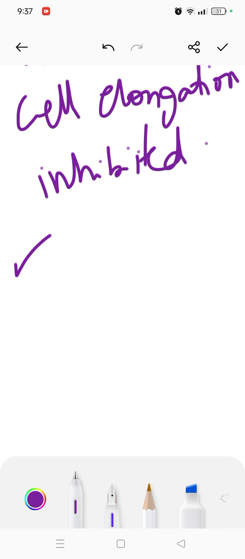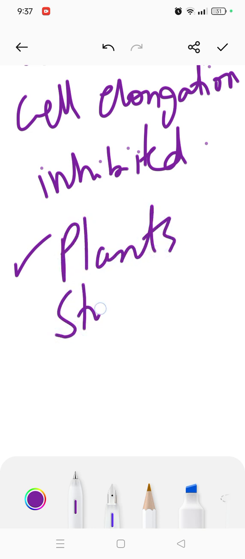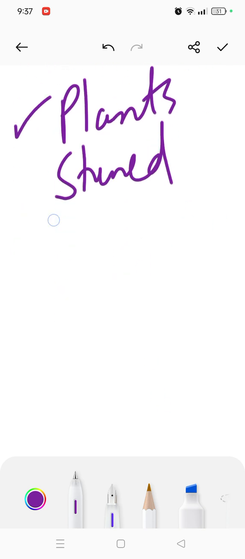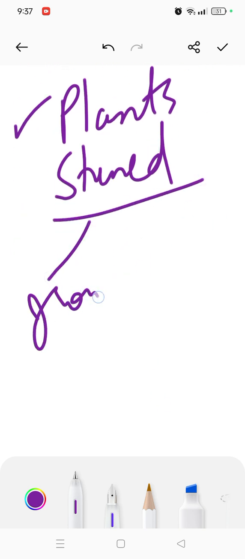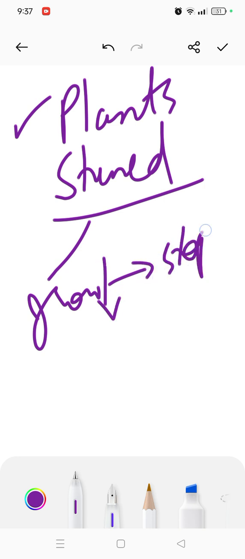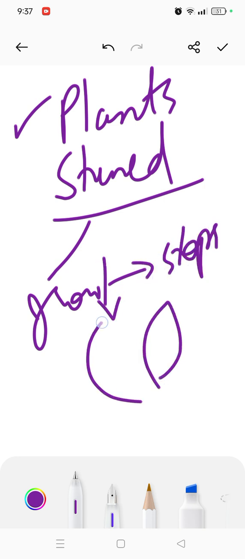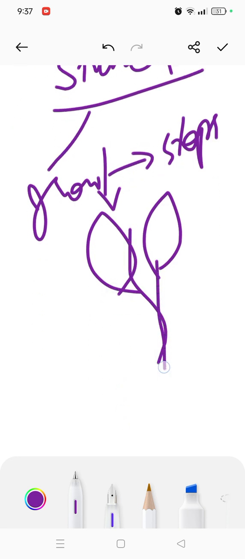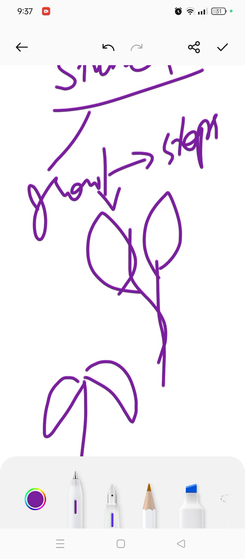Thirdly, the plants will turn stunted. Stunted is a condition where they don't grow more. Growth stops. A good plant grows upright like this, but they'll become a condition where the leaf is falling down in this shape. I'm sure it's clear to you.